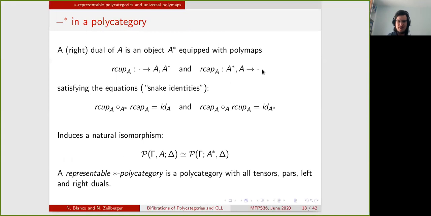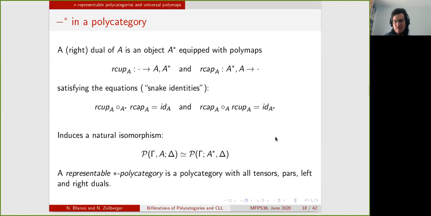It's called a snake identity because if you draw it, you will get a snake like that, and the snake identity is yanking the snake, making it an identity. We'll have both snake identities, and this will induce a natural isomorphism between maps with A in the input and maps with A star in the output.